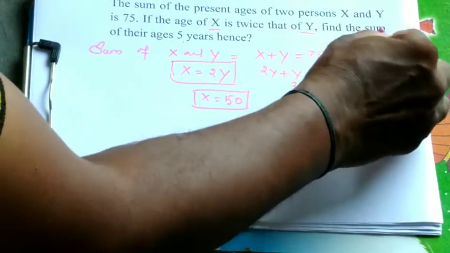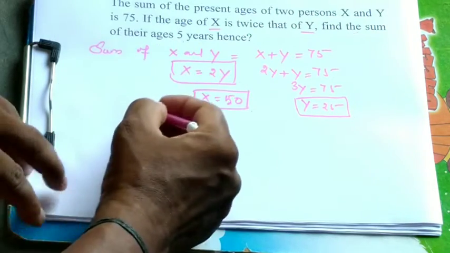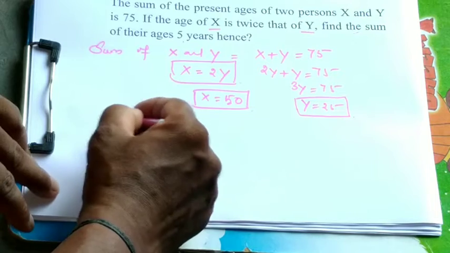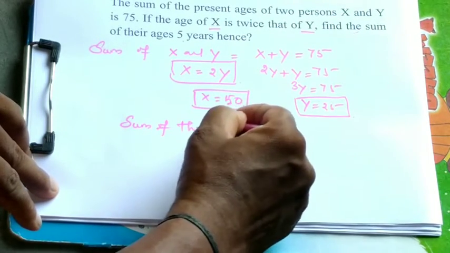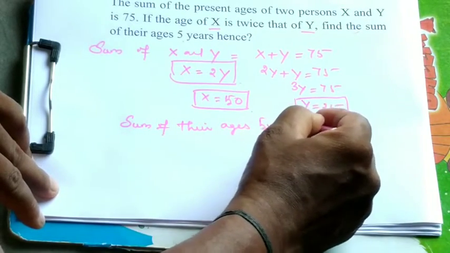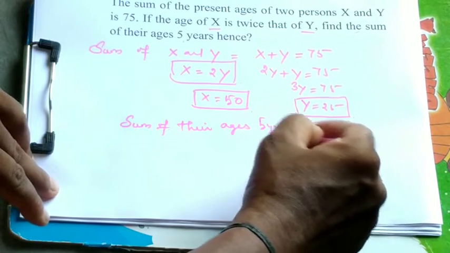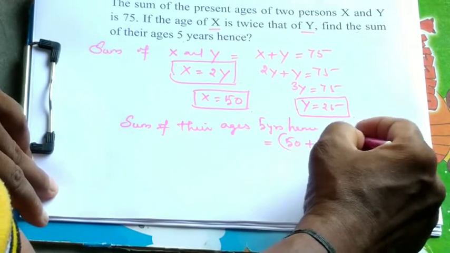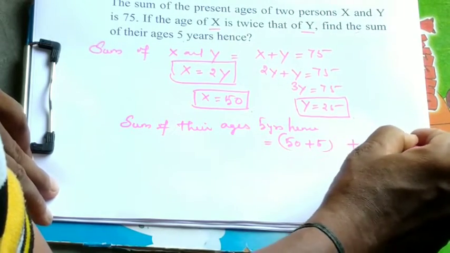Now find the sum of the ages 5 years hence. So the sum of the ages 5 years hence indicates 50 plus 5 and 25 plus 5.